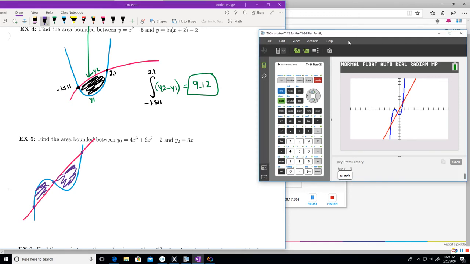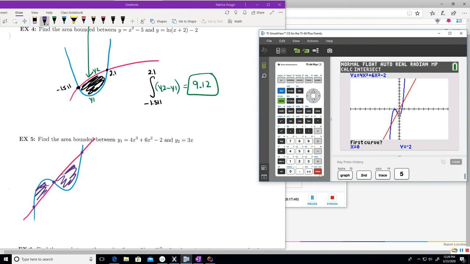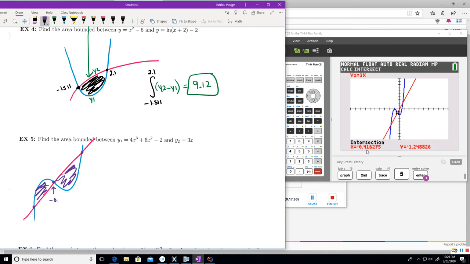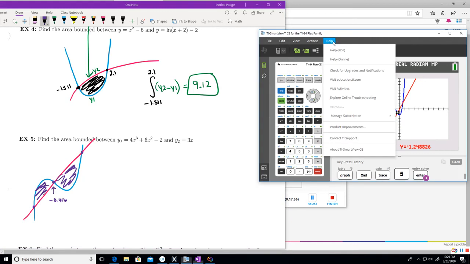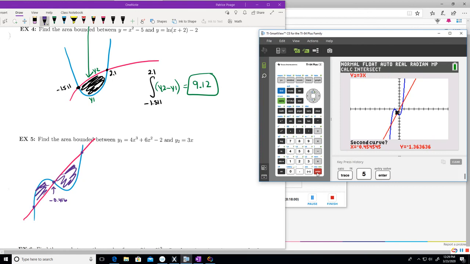So I'm going to just do second trace, number 5, enter, enter, enter, and it gave me the middle one first. I just care about the x value. So negative 0.416. Then I'm going to go to second trace, number 5, enter, enter, and I need to change my guess, and then hit enter.